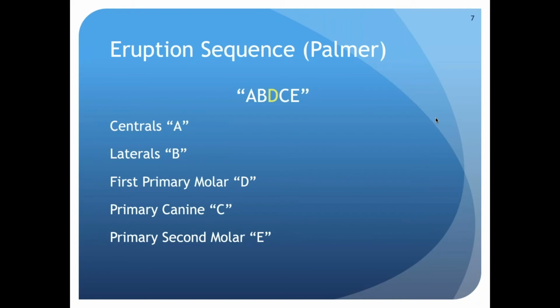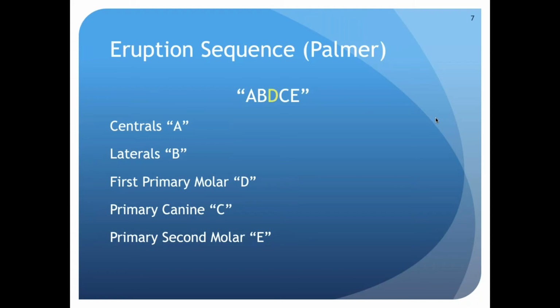Let's talk a little bit about eruption sequence again. This is another way to think about things, and this is how I often do it for test-taking purposes. When we think about Palmer notation, which is how orthodontists talk about teeth, they letter the primary teeth. Our A is our central, our B is our lateral.